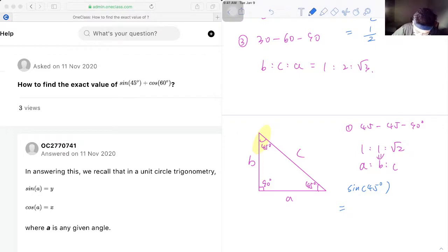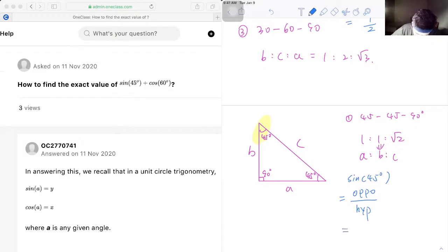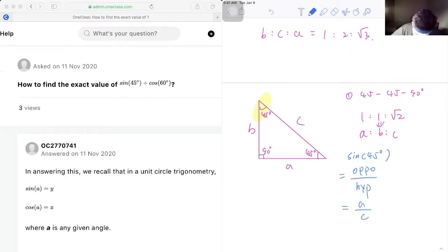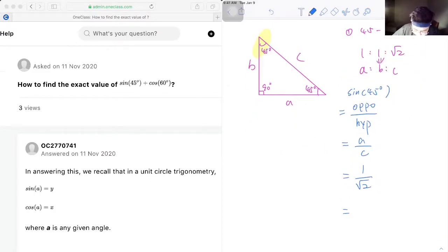That's going to be the opposite over hypotenuse, which is A over C. So that's going to be 1 over root 2. And if we multiply root 2 in both numerator and denominator, we will have root 2 over 2.